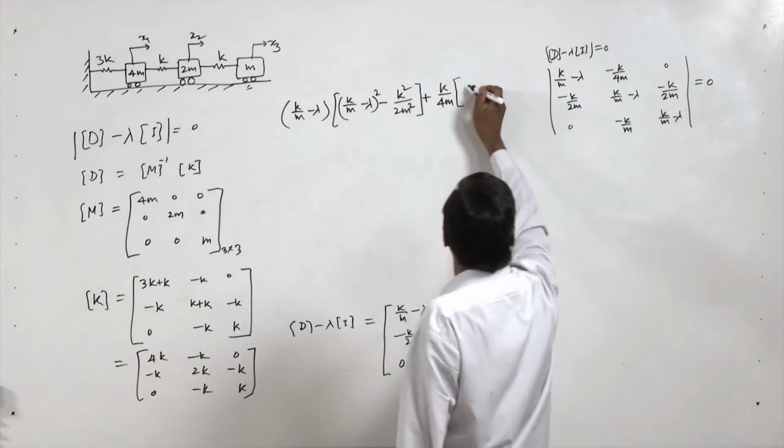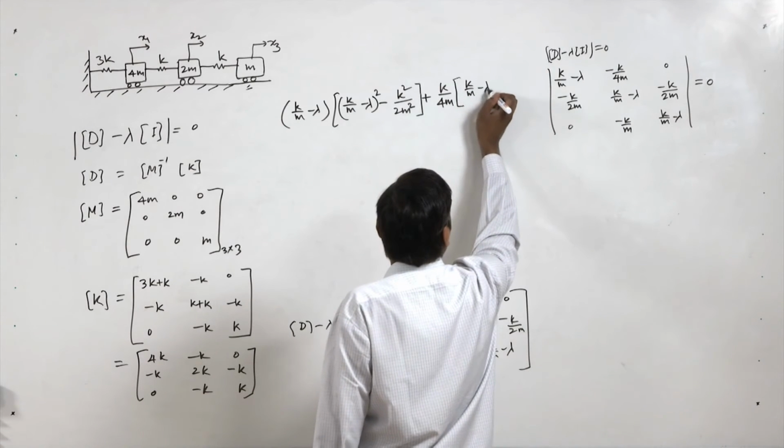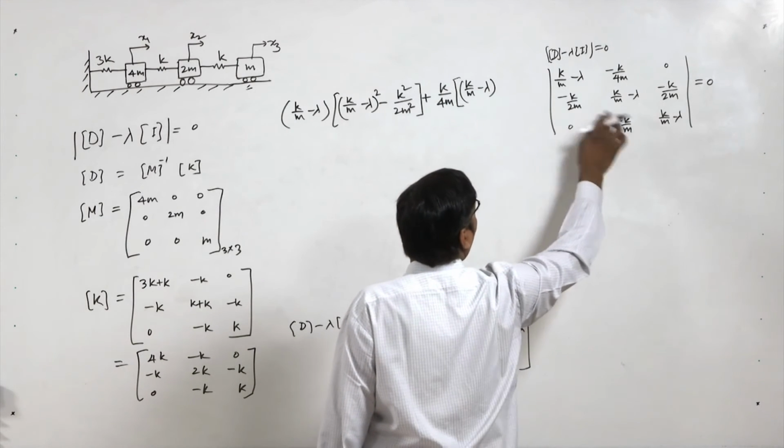So K by M minus lambda into minus K by 2M.